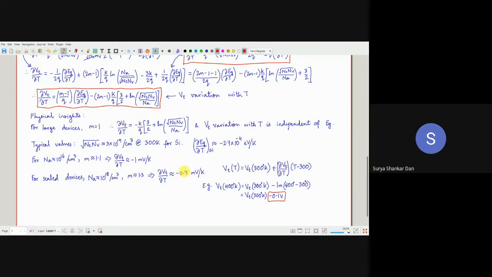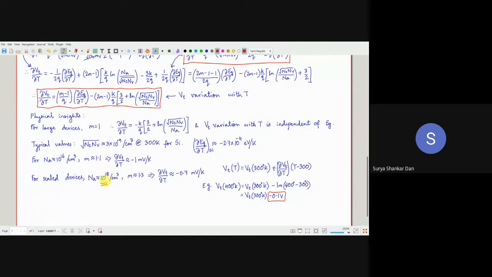If you are scaling the technology node and you want a decent performance, at least closer to the large device kind of performance, more robust devices, scaled devices but robust, then what you have to do? You have to increase the doping. In the next class, we will go through scaling theory. We will begin with scaling theory in the next lecture.